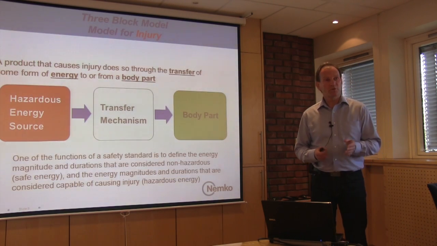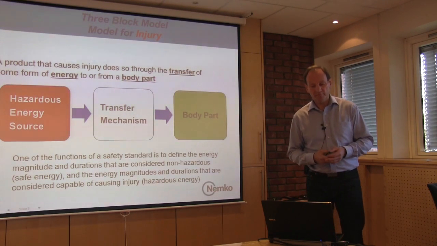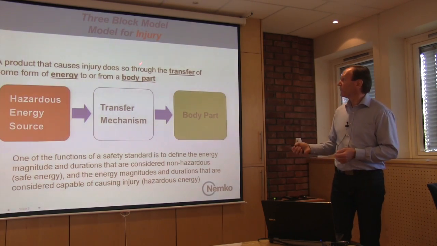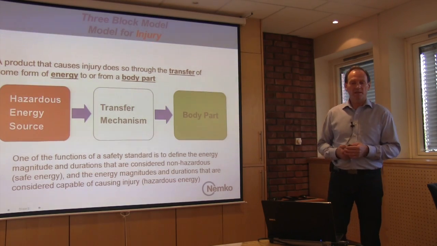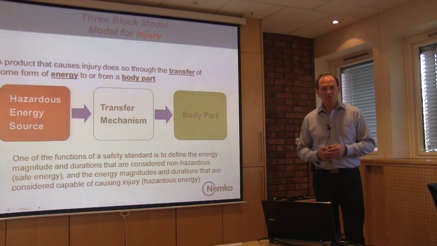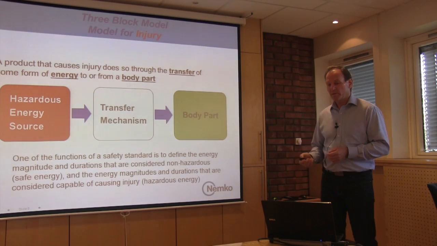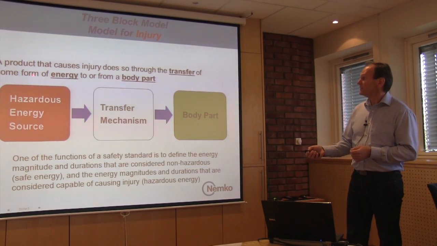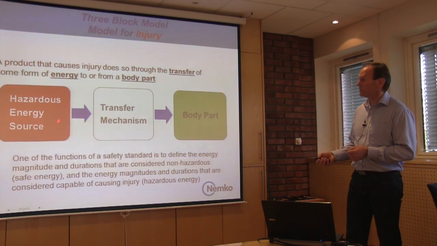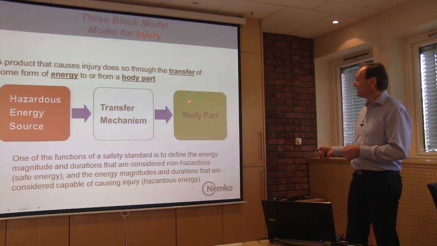So then we come to the three-block model. And then we first have the model for injury. A product that causes injury does so through the transfer of some energy to or from a body part. So you have the hazardous energy source, you have the transfer mechanism, and the body part.